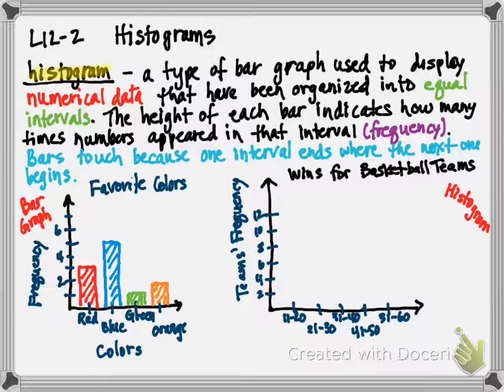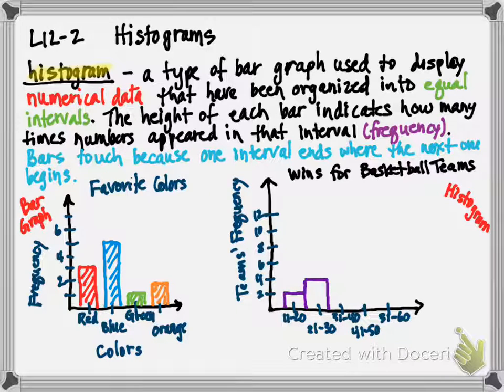Let's do just monochrome with purple. There were 2 teams that scored 11 to 20 wins. And there were 4 teams that scored 21 to 30 wins.